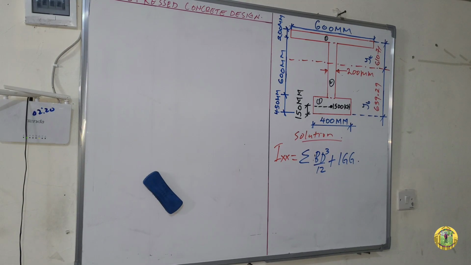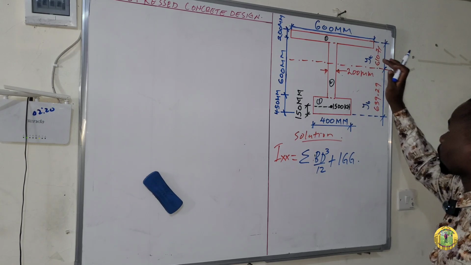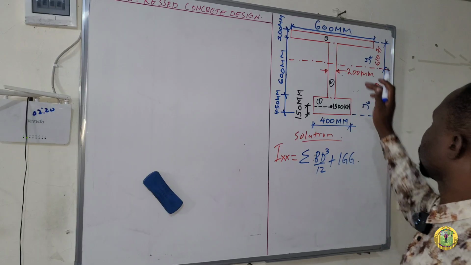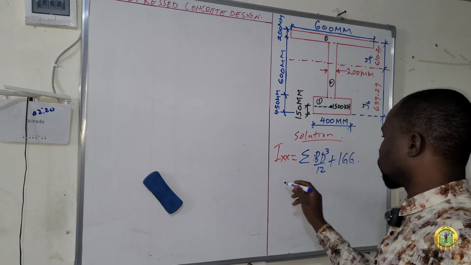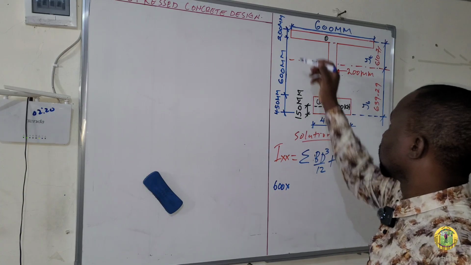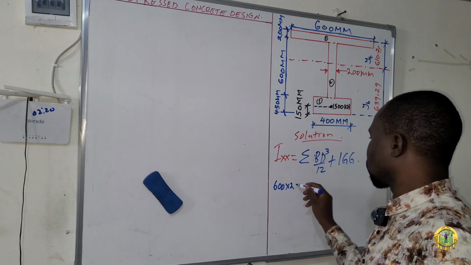So Ixx will start from this figure number 1. So figure number 1 is equal to bd cubed. This is the b is 600 times d is 200.